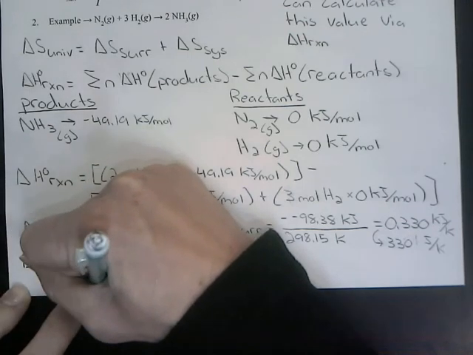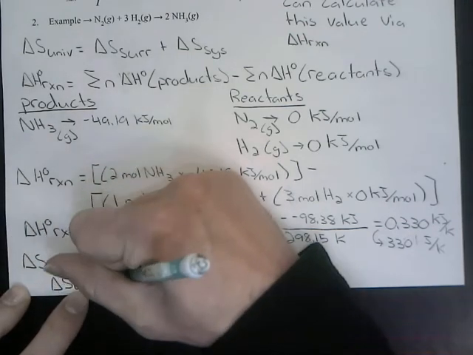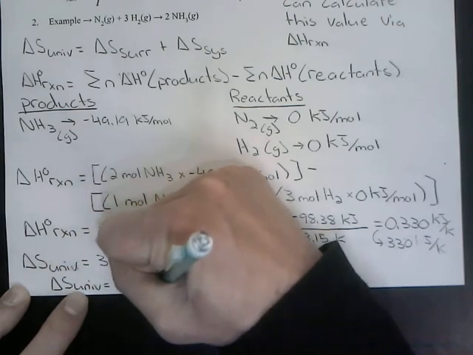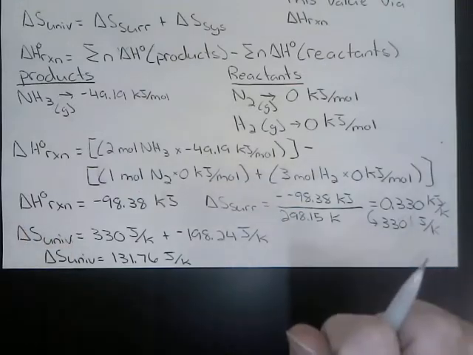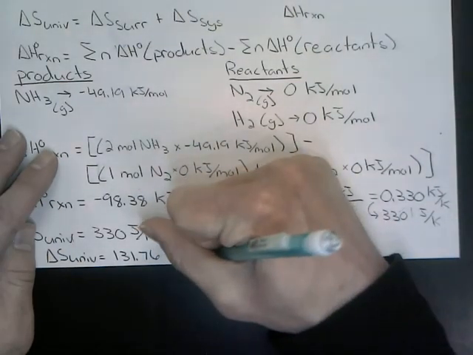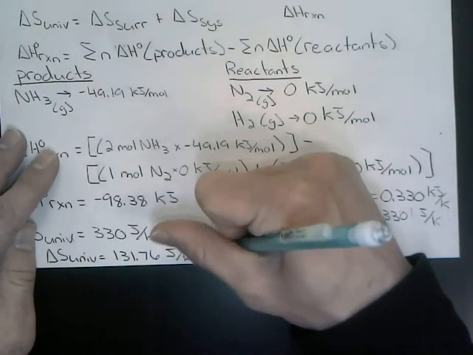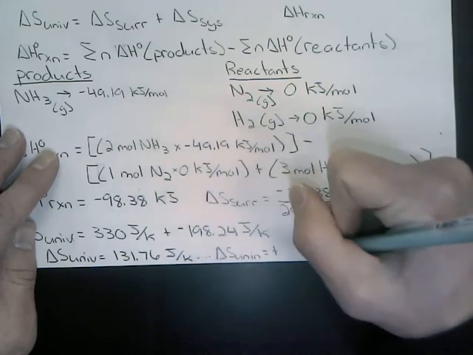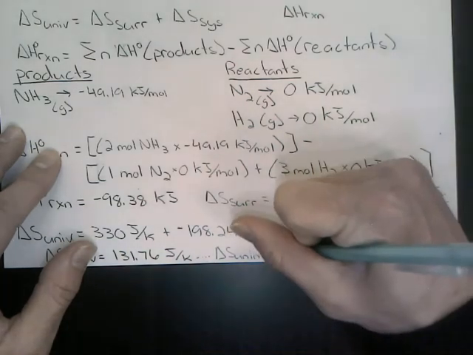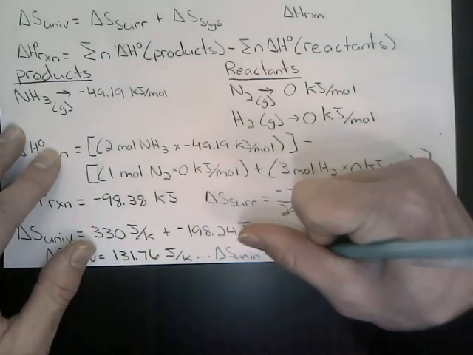So the delta S of the universe equals 131.76 joules per Kelvin. Let's talk about this briefly. Delta S of the universe is positive. This means entropy of the universe increased for this process.